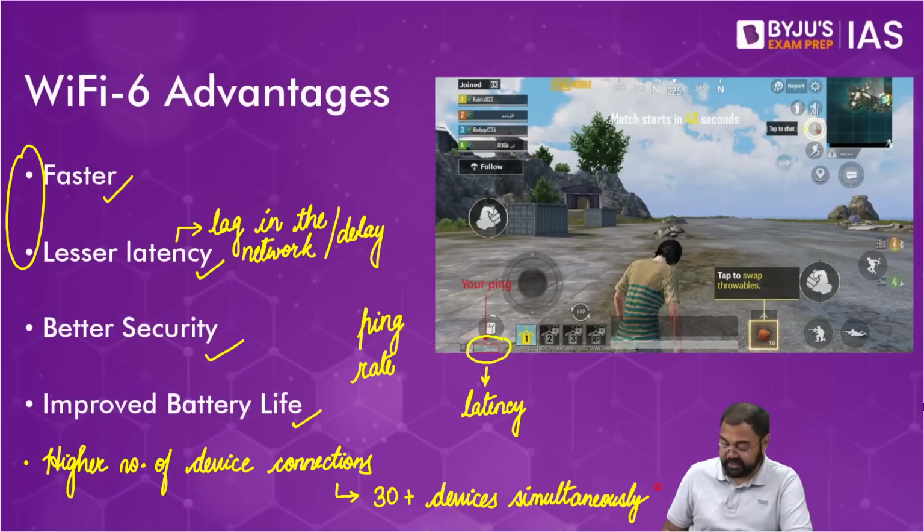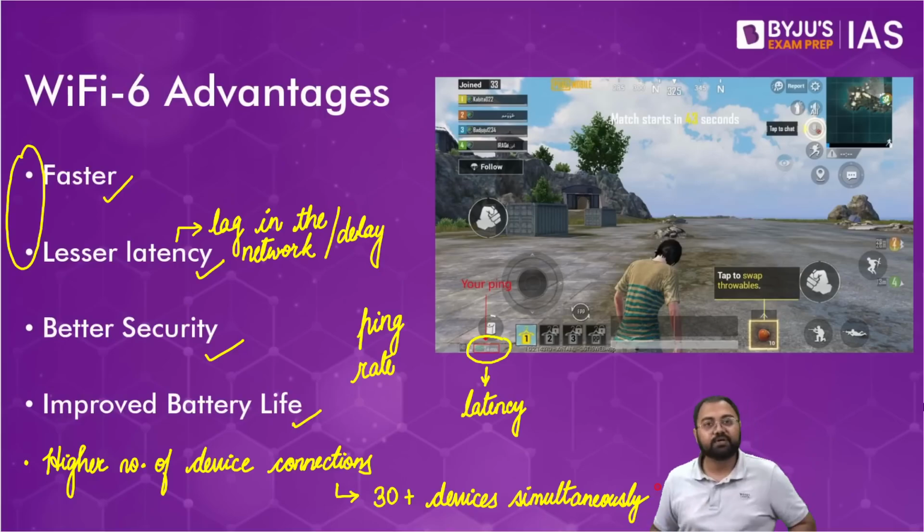And that is why this will be very crucial in this technology, not only for your household use, but at a larger scale, even for things like Internet of Things. We'll discuss Internet of Things later. Even there, it will give you a much better response. So that's why it becomes very crucial from all these perspectives.